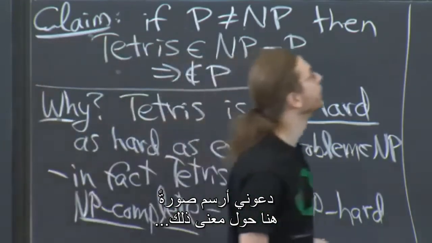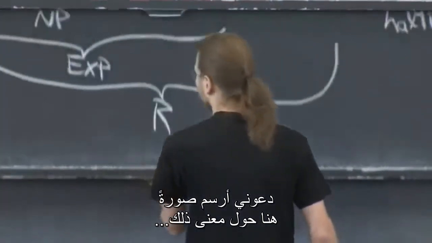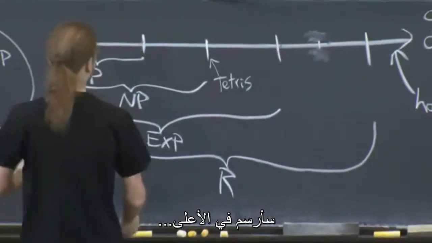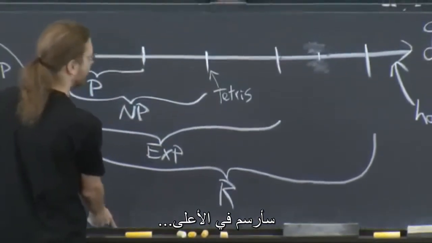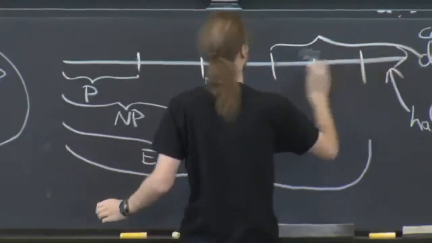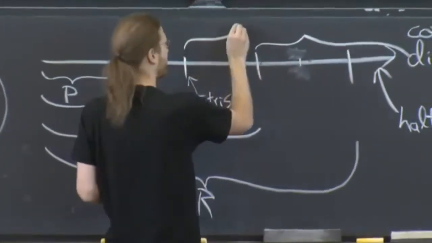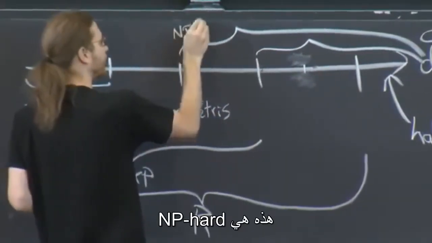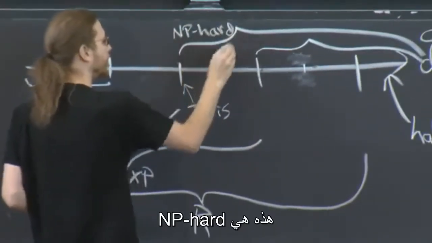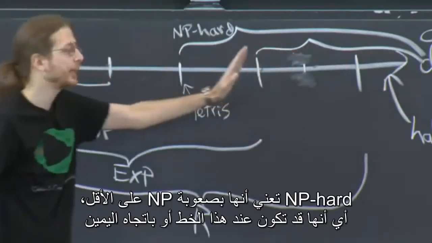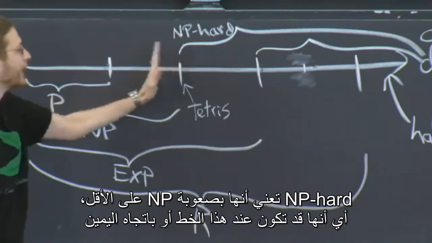Let me draw on the picture here what this means. So I'm going to draw it on the top. This is NP hard. Everything from here to the right is NP hard. NP hard means it's at least as hard as everything in NP.